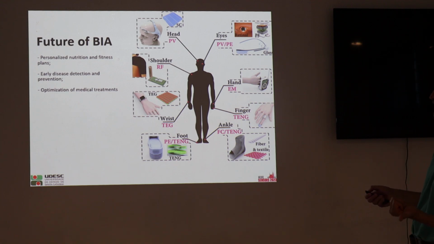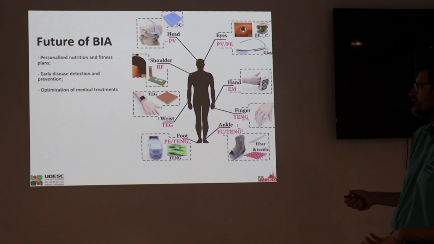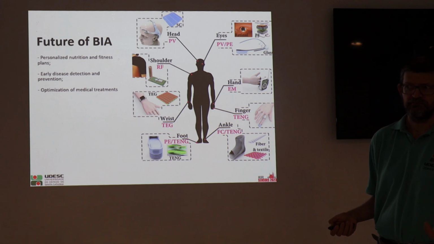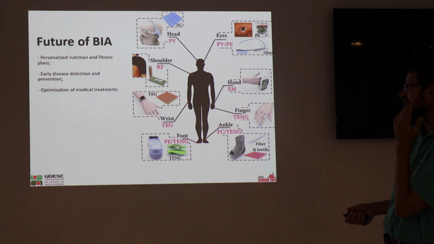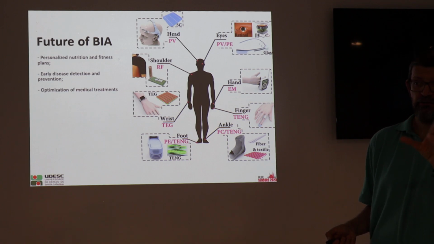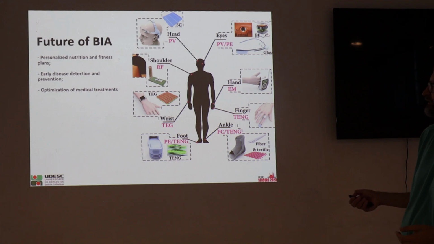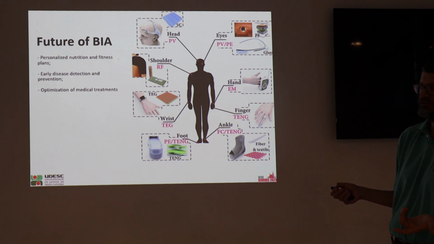And the best way of looking at it is using impedance spectroscopy. Early disease detection: you can prevent. Looking at the signal in a real-time analysis, you can see if something is going to happen or not.